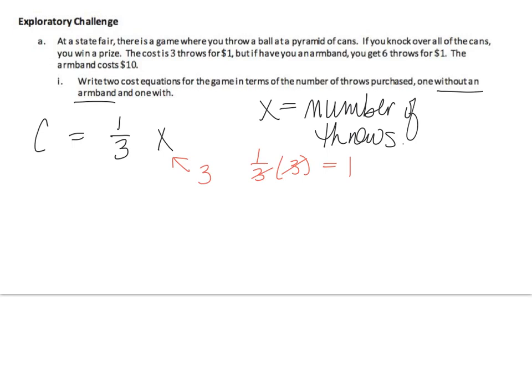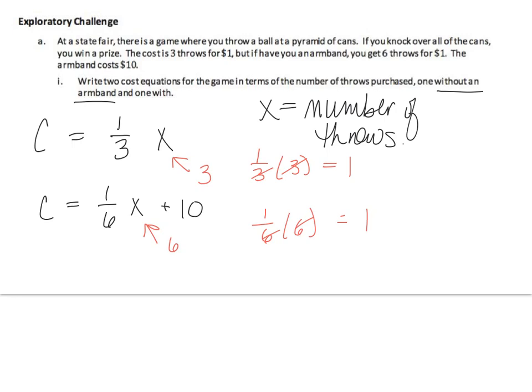Now with the armband, I get 6 throws for $1, but it cost me $10, with X being the number of throws. For 6 throws I'd have 1/6 times 6, which is $1.